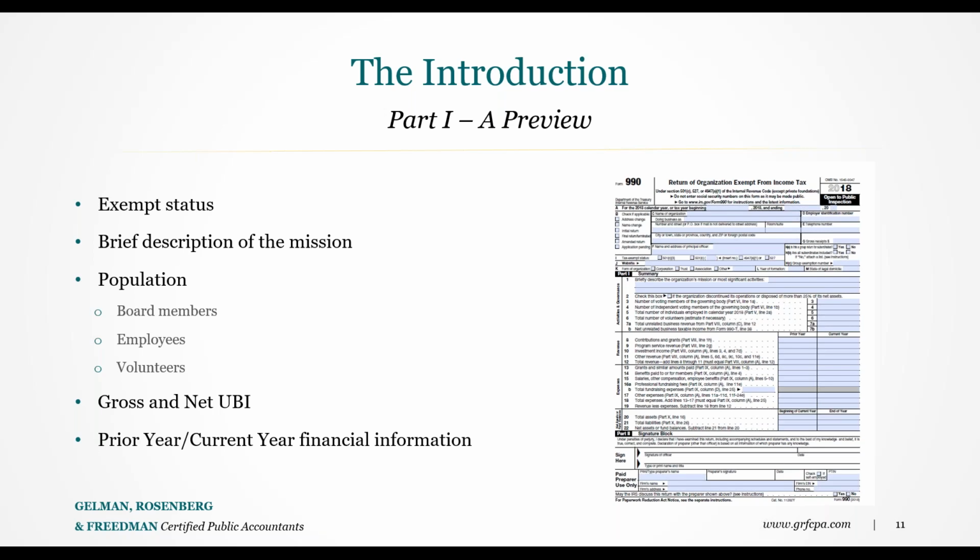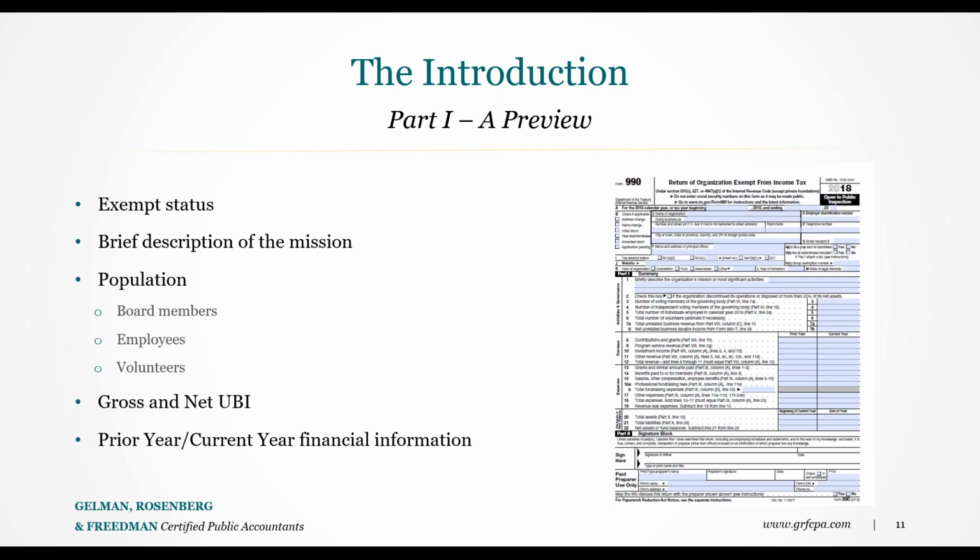It talks about things such as the exempt status, whether you're a C3, a C6, et cetera. It gives a very concise, brief description of its mission. It also gives some information surrounding how many board members there were during the year, how many employees they had that were W-2 compensated, and how many volunteers the organization utilized throughout the year.